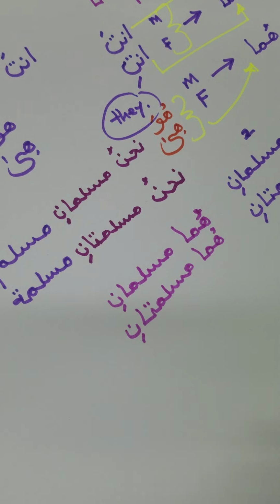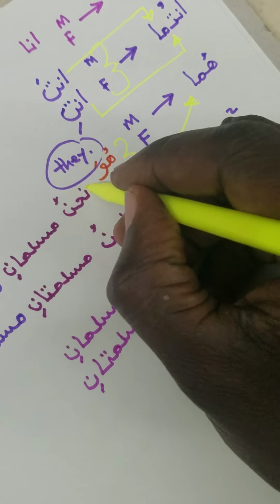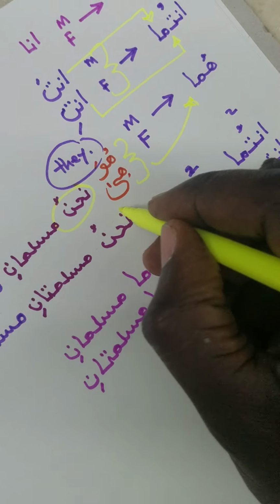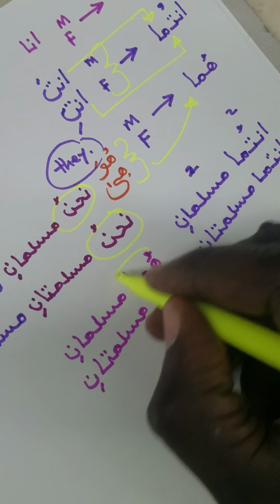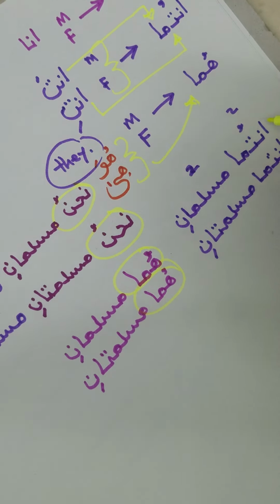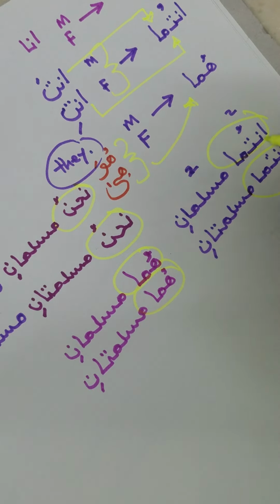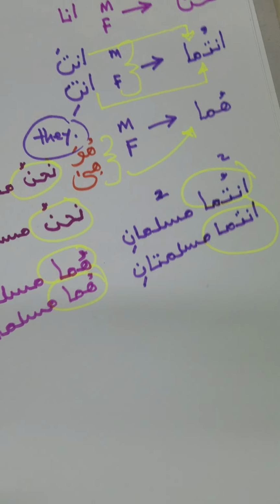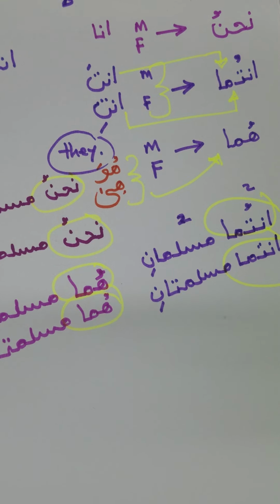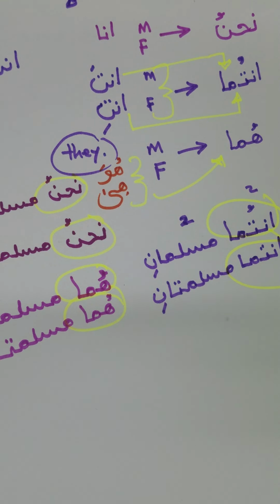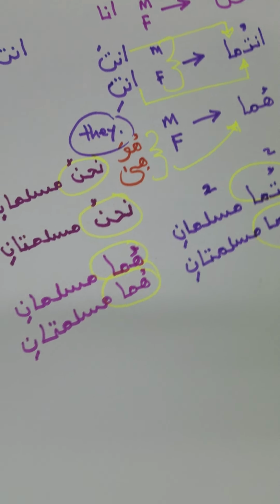So that's how easy that's going to look. Now this is duo. For duo, you are basically going to look at Nahnu, Humma, or Antuma. Those are the words that you'll basically be looking at in duo. Duo will always refer to only two.